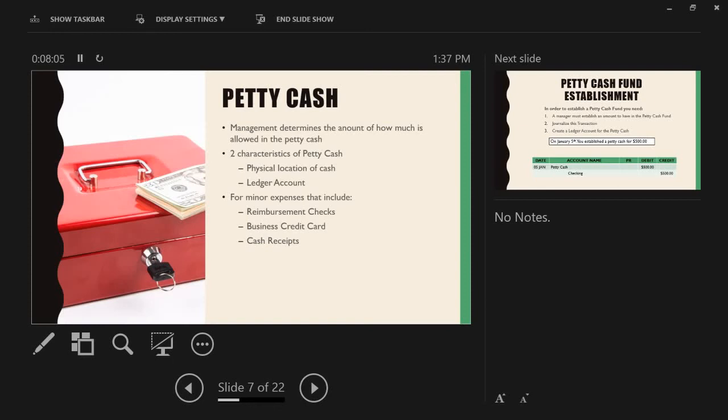Okay? Now, if you are a store that has a cash register and you need to have money in it, that is another form of a petty cash fund, except instead of using it for minor expenses, you're using it so that when you operate your business, you have money to give back to your customers for cash sales.